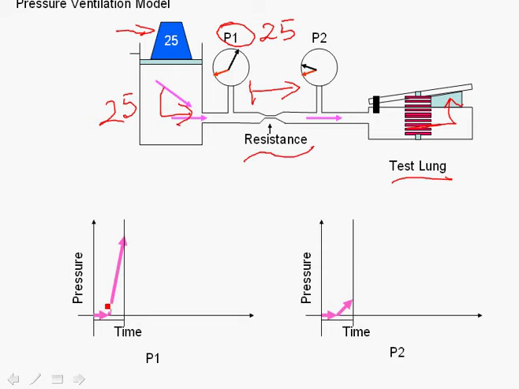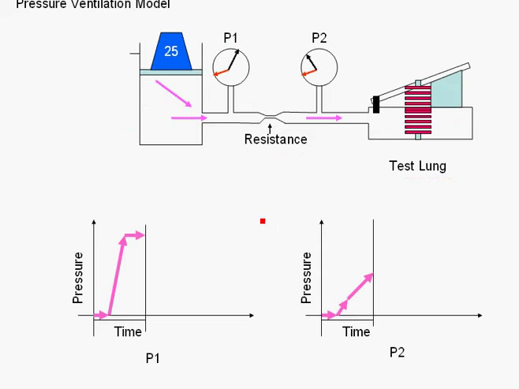Initially our pressures build up quickly to 25, just the driving pressure we've set up with our ventilator. The pressures in the lungs, P2, our alveolar pressures, are going to lag behind a little bit, because we need this pressure gradient to drive flow across the resistance.